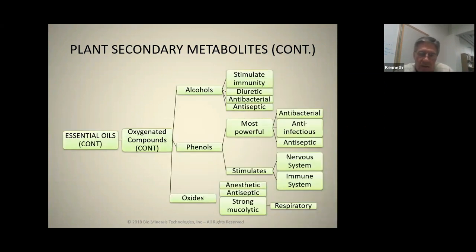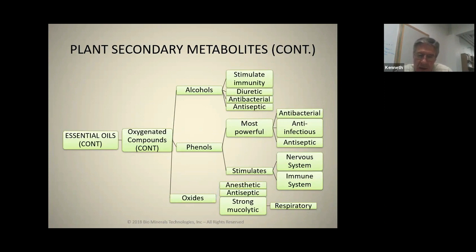Our essential oils continue into alcohols, phenols, and oxides. They stimulate immunity. They're diuretics, antibacterial, antifungal, or antiseptic. Now we get into the phenols. These are the most powerful antibacterial, anti-infectious, antiseptic. They stimulate our nervous system and our immune system.